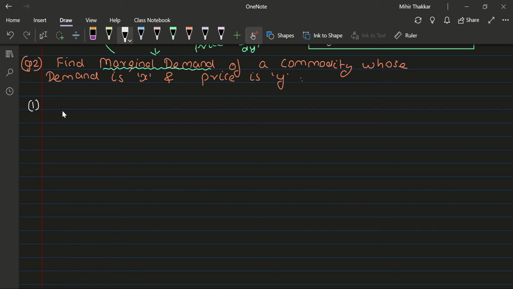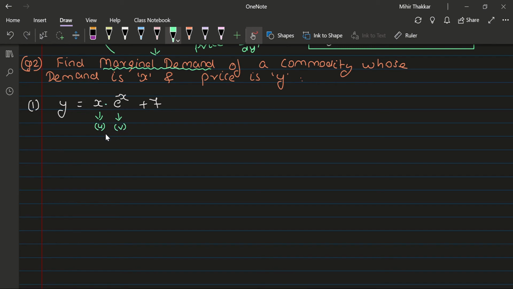You have y is equal to x into e raised to minus x plus 7. So now when I have x into e raised to minus x, I consider the first term as u and the second term as v.